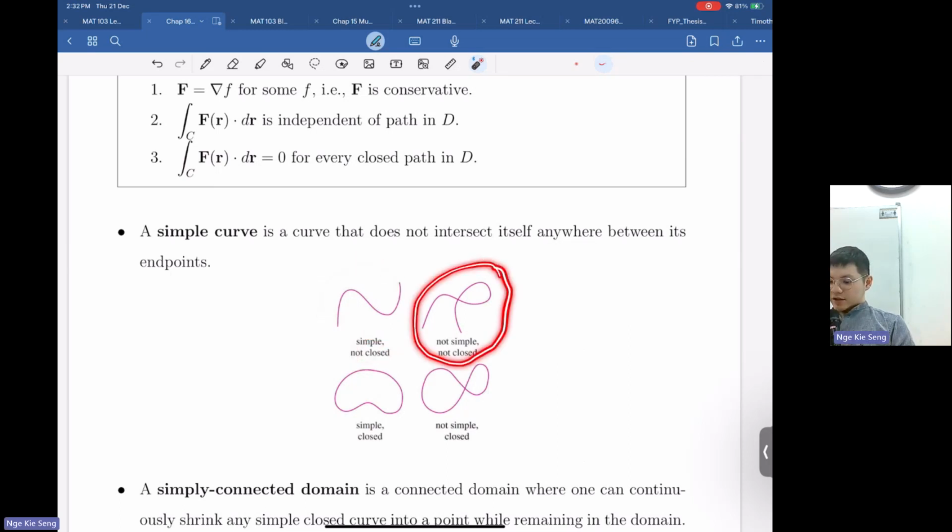The second one is not simple because it intersects itself, and it is not closed either. The third one is simple and closed because it doesn't intersect itself, and the starting point and the endpoint are the same. You can pick anywhere to be the starting or endpoint. The fourth one is not simple because it intersects itself, but it is closed.